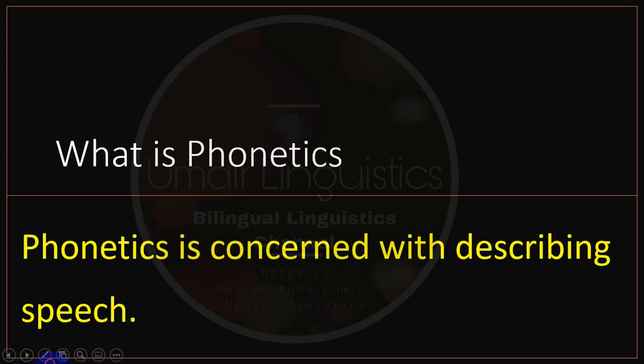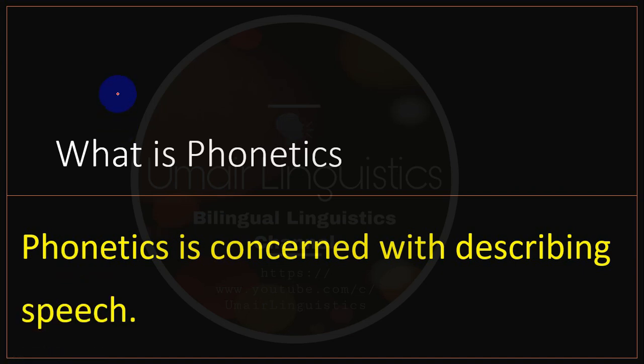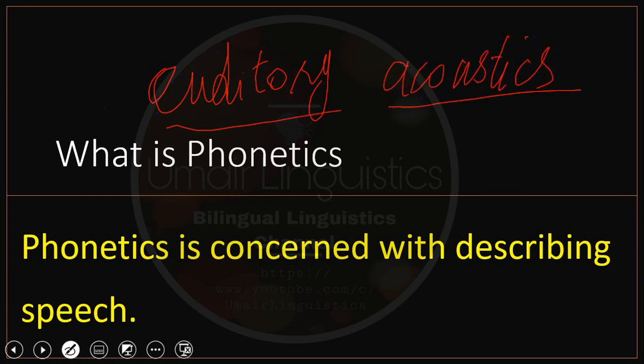So actually, we describe three to four main types of phonetics. For example, auditory phonetics, which deals with how we perceive speech sounds. Then acoustics, which deals with how sound waves travel in the air.